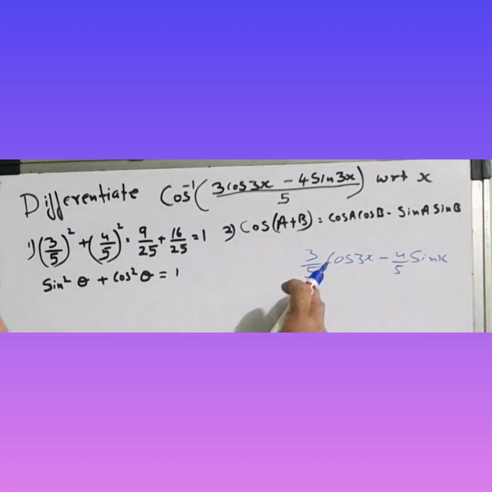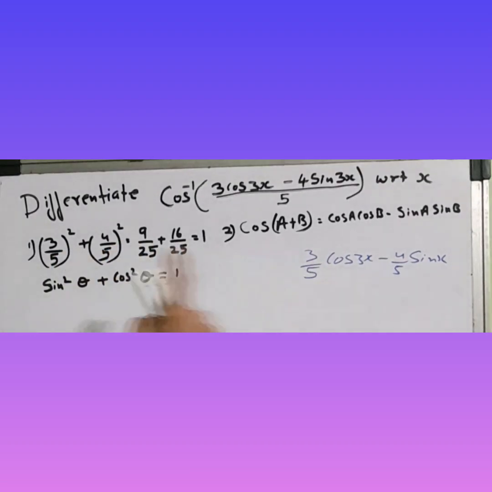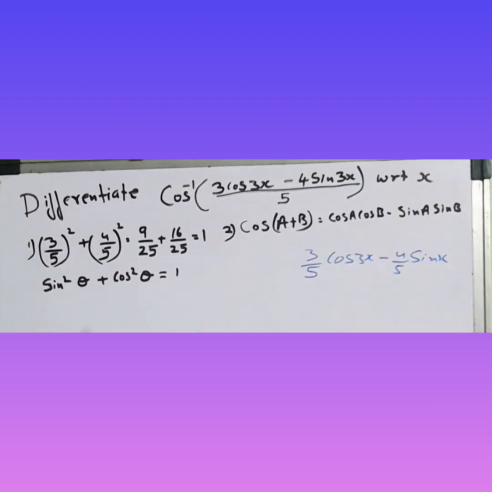Now, is there a relationship between these two fractions? When we square this and square this and add, we end up with 1. Similarly, in trigonometry, sine square theta plus cos square theta is also 1.